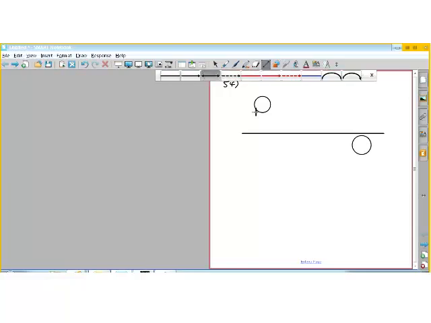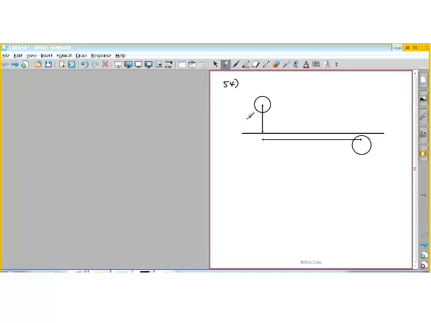So the oil well is a distance of 2 kilometers from the shoreline, and the refinery is 4 kilometers along the coast. So let's write those down. 2 kilometers, 4 kilometers.